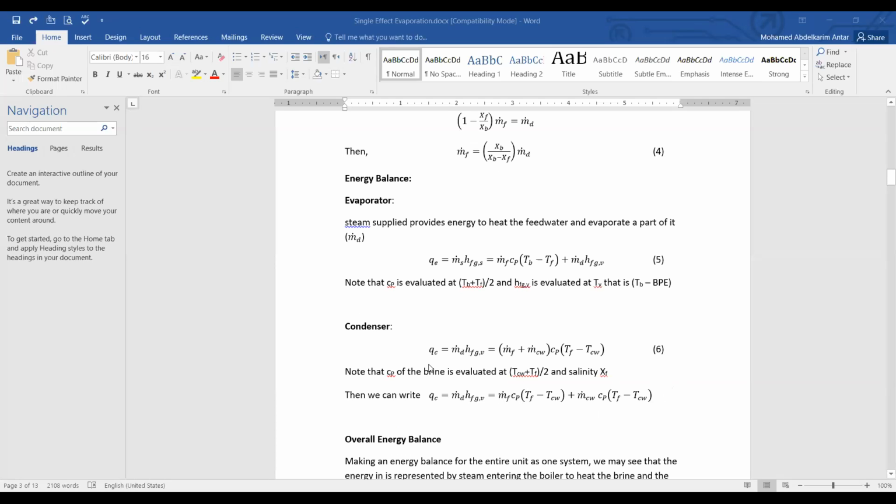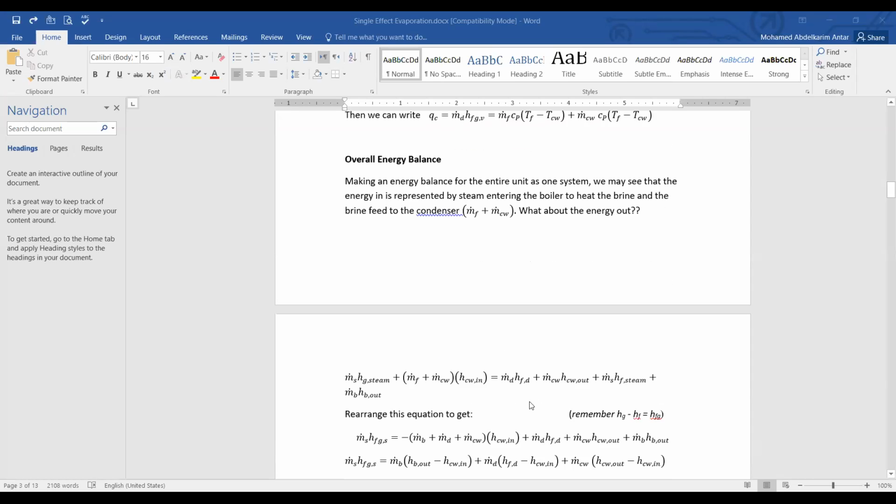In the condenser, the vapor that will condense is going to preheat all the water coming in from the sea, M dot feed plus M cooling water, from T cooling water to TF. Sometimes they are written with M dot feed alone and M dot cooling water alone, but again, it's not new. Then you can do, if you want, an overall energy balance.